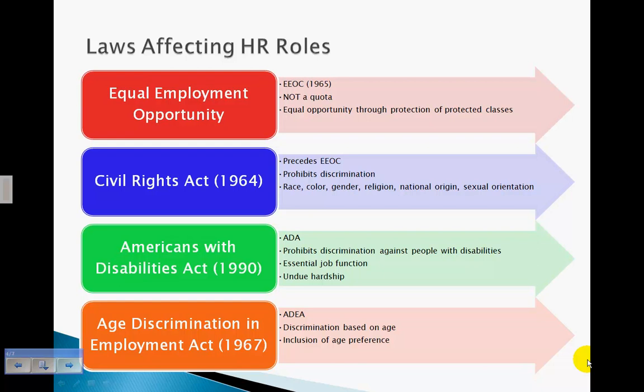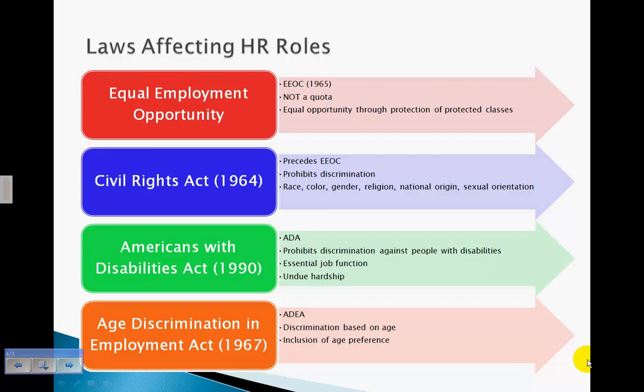provided you have the other essential ingredients to be successful in that job. So the laws affecting HR, both Equal Opportunity Civil Rights Act, Americans with Disabilities, and age discrimination, although it sounds like they are primarily in the attracting and selecting area, remember that once someone is brought in, it is the organization's responsibility to create a safe workplace for all of their employees and development opportunities for employees.